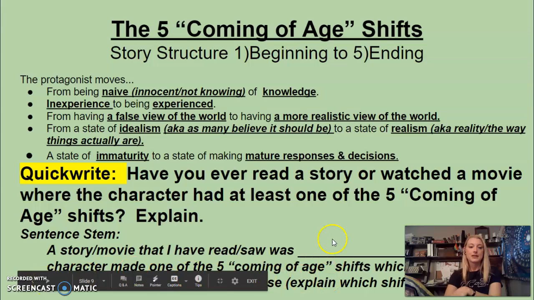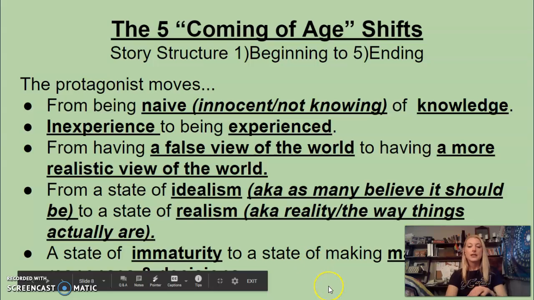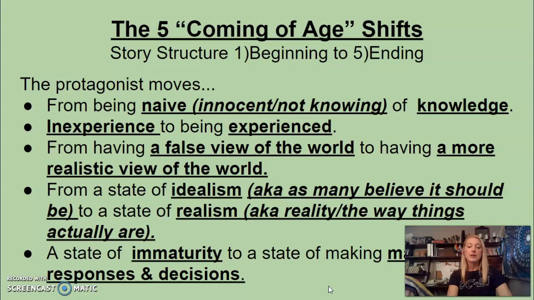Somehow these ended up on the same slide, but oh well. Hold on, I'm going to go back one. So a state of immaturity to a state of being mature, sometimes in making mature responses and decisions. Let's go back to my first job. Immature, I got my first paycheck and I was like, I get to decide what to do with this money.